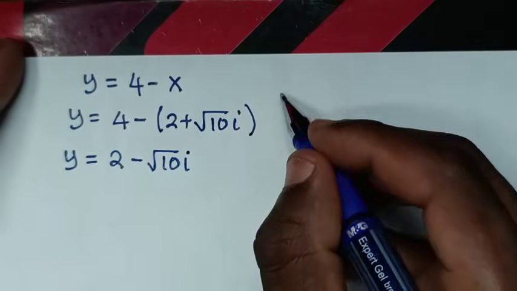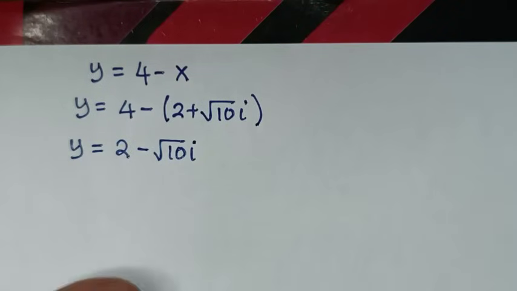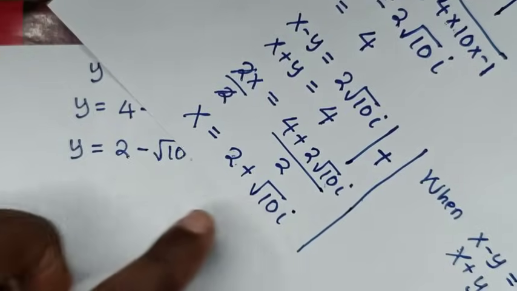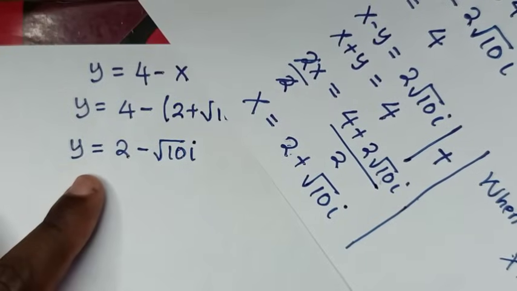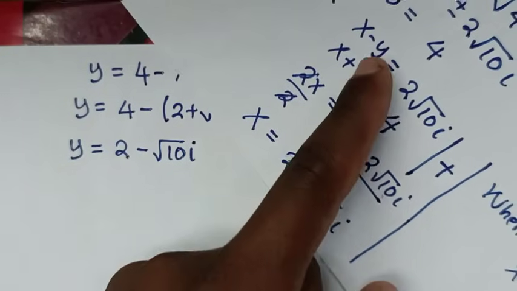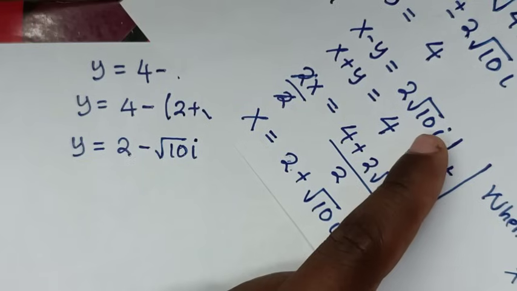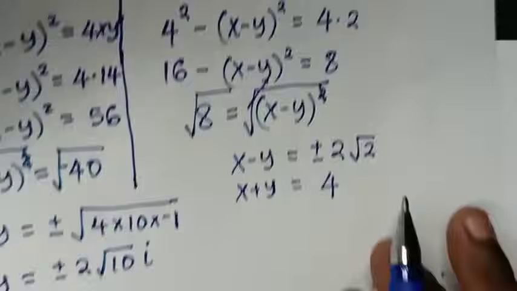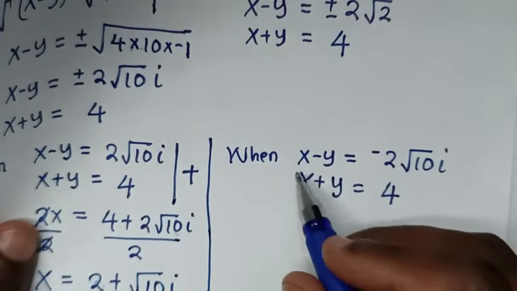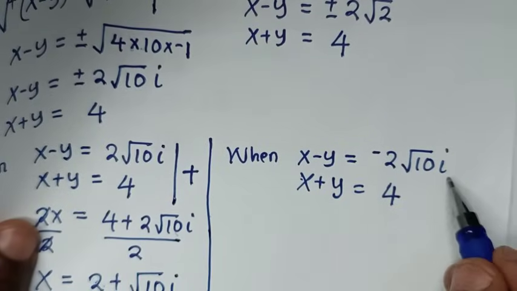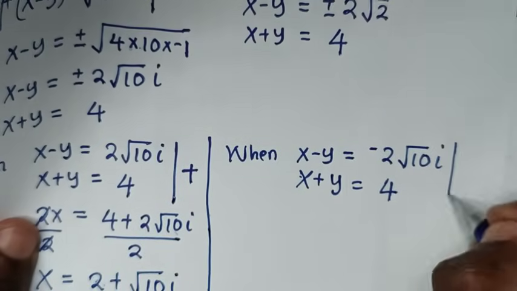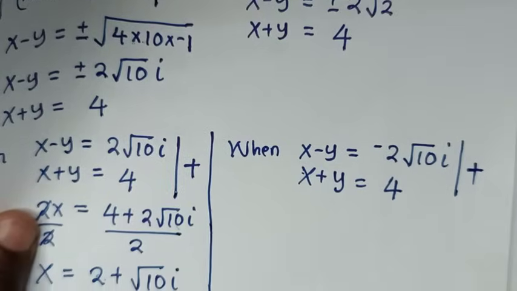Then in the next step, we already have the value of x and the value of y from when x minus y is a positive imaginary number, and from here when x minus y is a negative imaginary number, so we will add these two simultaneous equations.